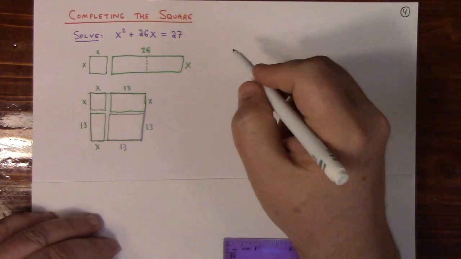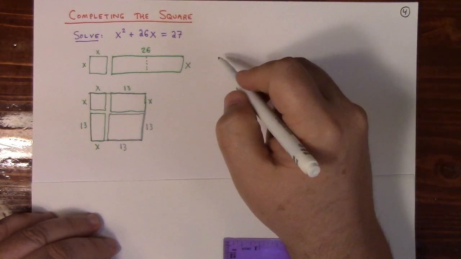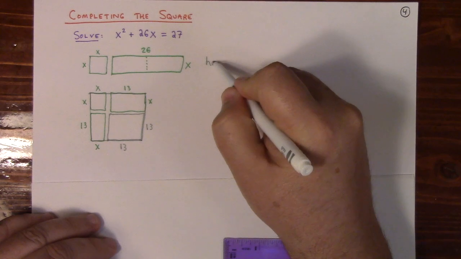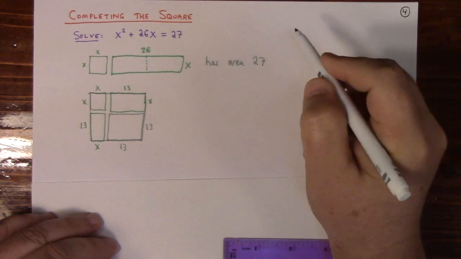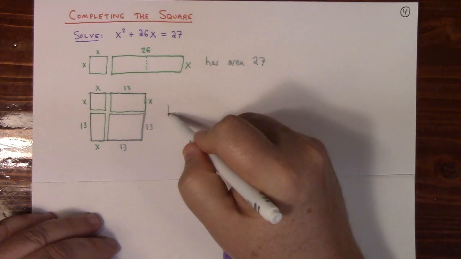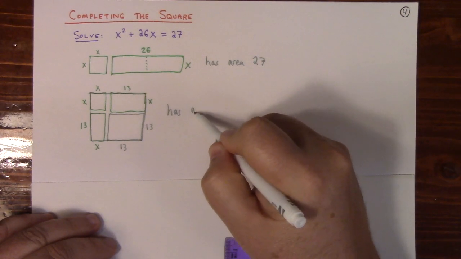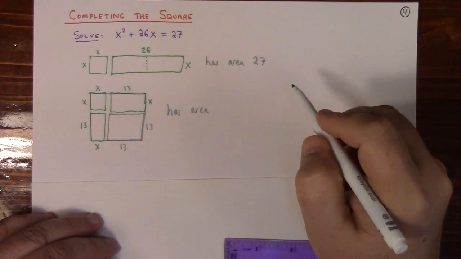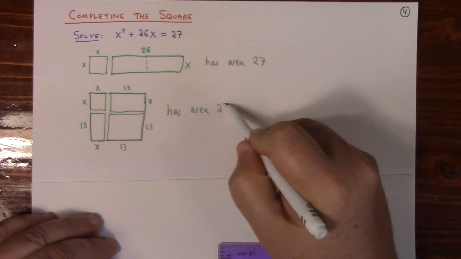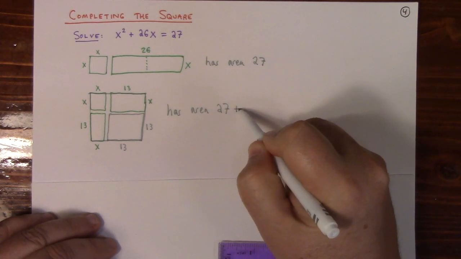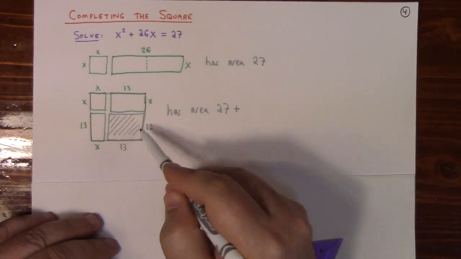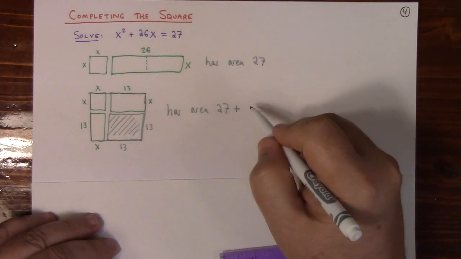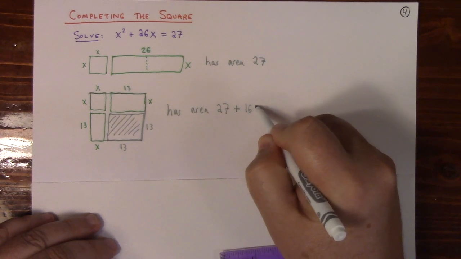So we know that the area of this one was 27 by assumption, right? So this has area what? 27 plus the area of this new fangled square we just added, right? So 13 times 13, 169.